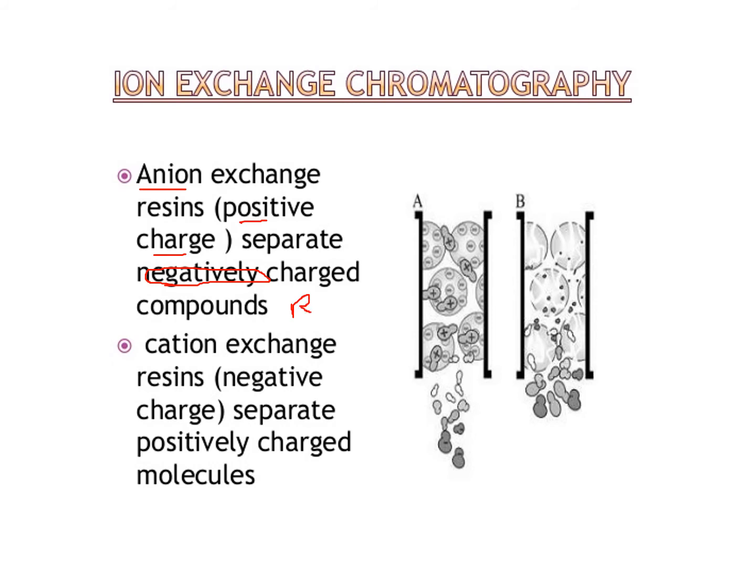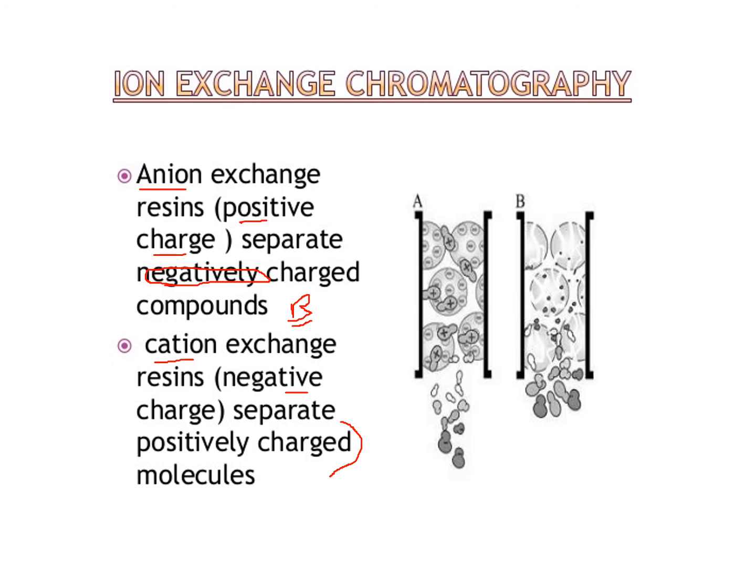So that's where the charges are coming from. So when you take biochem, you'll have to memorize all the R groups and who's positive and negative. Another type of resin is the cation exchange resin, and these have a negative charge, and they're going to bind positive molecules. So you can have two different columns and pour your samples through and separate them that way.